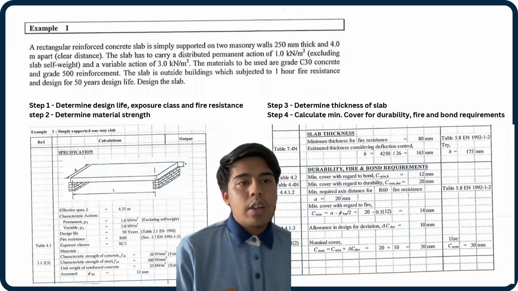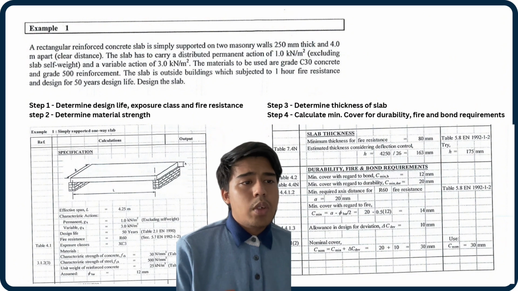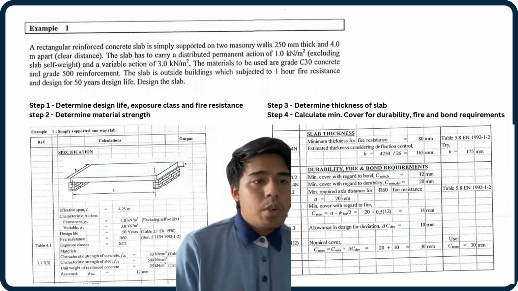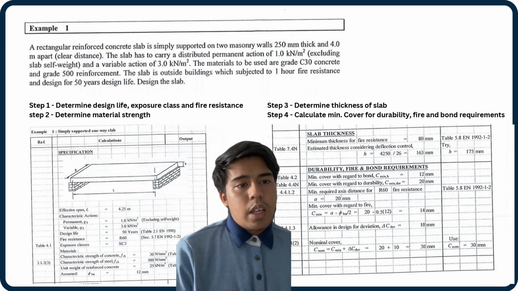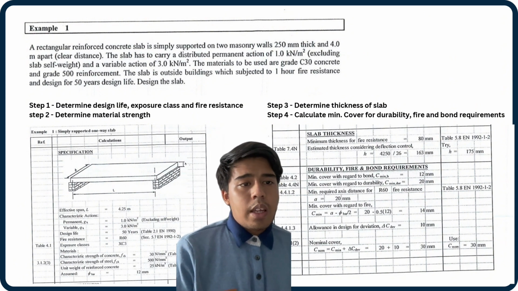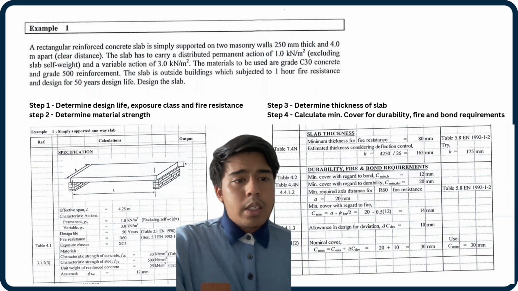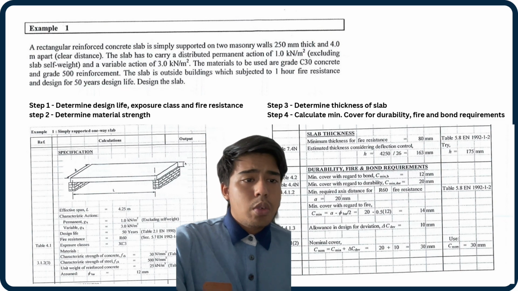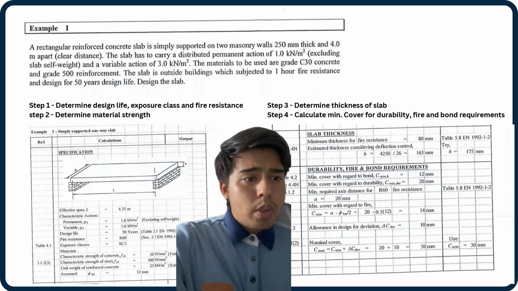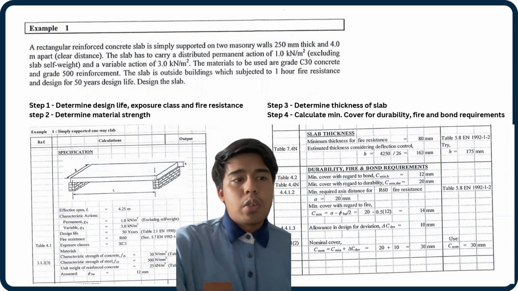Step 4, calculate minimum cover for durability, fire and bond requirement. Cmin,b equals 12 mm, Cmin,dur equals 20 mm, and the minimum required axis distance for R60 fire resistance is a equals 20 mm from table 5.8. Minimum cover with regard to fire, Cmin equals a minus diameter of bar over 2, equals 20 minus 0.5 times 12, equals 14 mm.